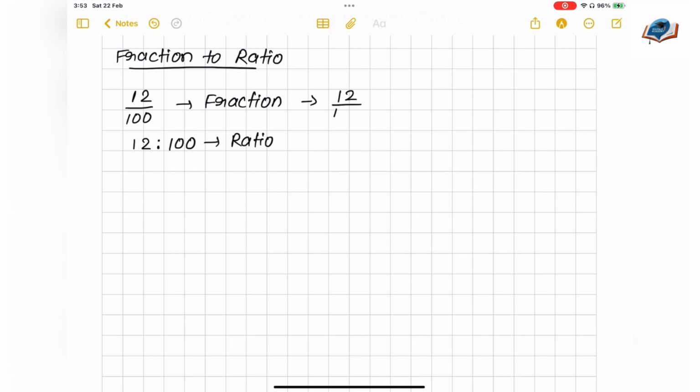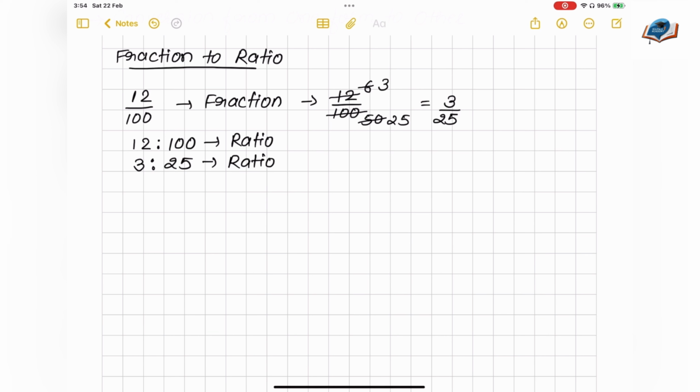So let us do that also here. So 12 upon 100 is there. So I will divide both of them with 2 first. So 2 sixes are 12 and 2 fifties are 100, and 2 is still common in them. So again dividing with 2, we get 3 and 25. So I can say 12 upon 100 is equal to 3 upon 25. Now, both ways I can write the ratio, 12 is to 100 or 3 is to 25.